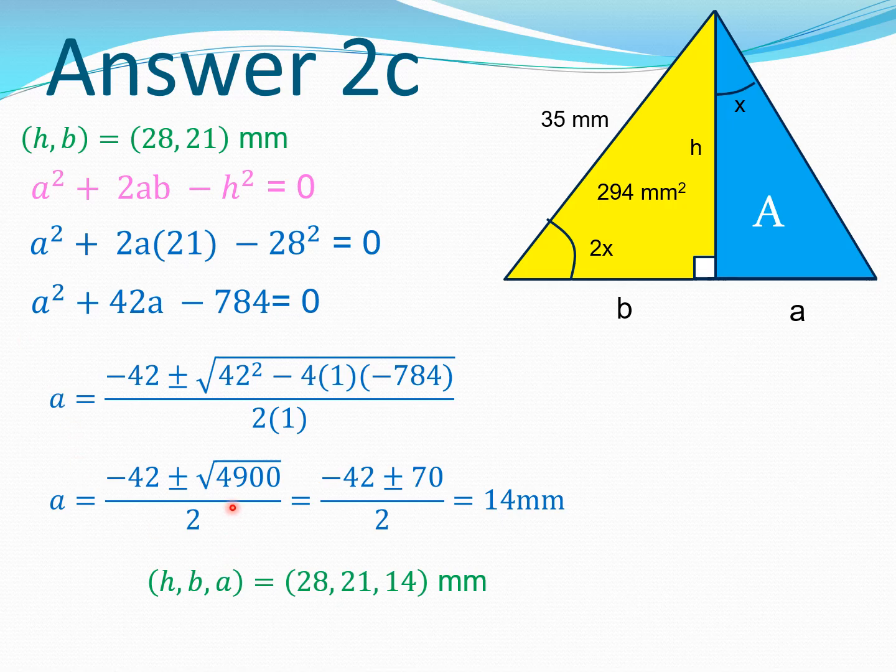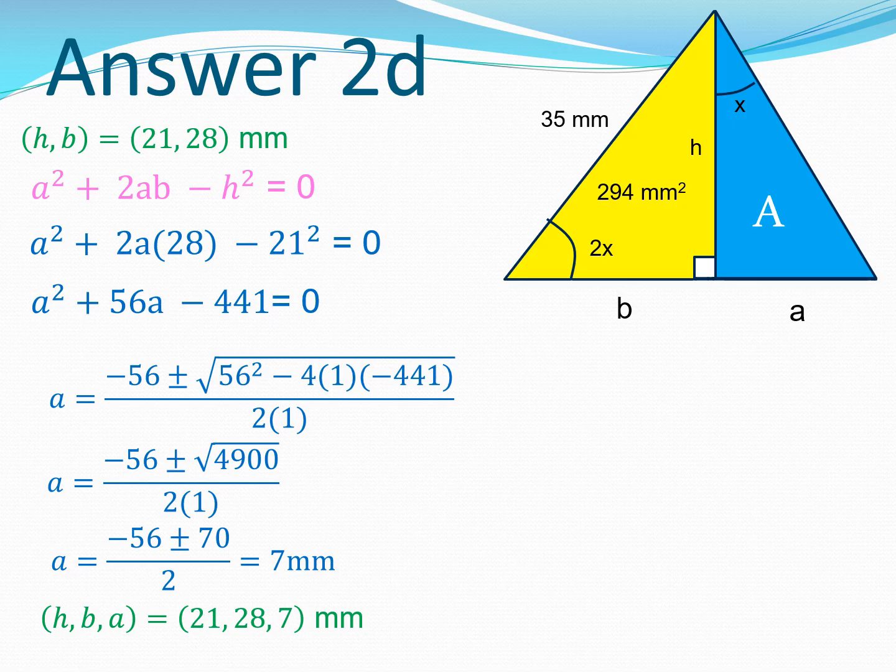Again it turns out that I get a perfect square here, 4900, so the root of that becomes 70. Now I have two solutions for a. Fortunately one of these is negative, so I can dump that solution and go only with the positive solution, which is 70 minus 42 by 2, and that gives me 14 millimeters. So HBA is 28, 21, 14 millimeters. That's one possible solution for this particular triangle.